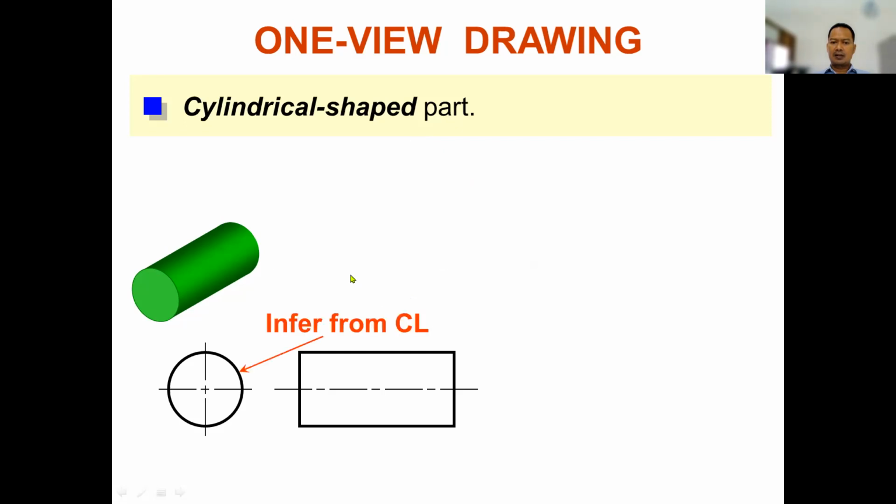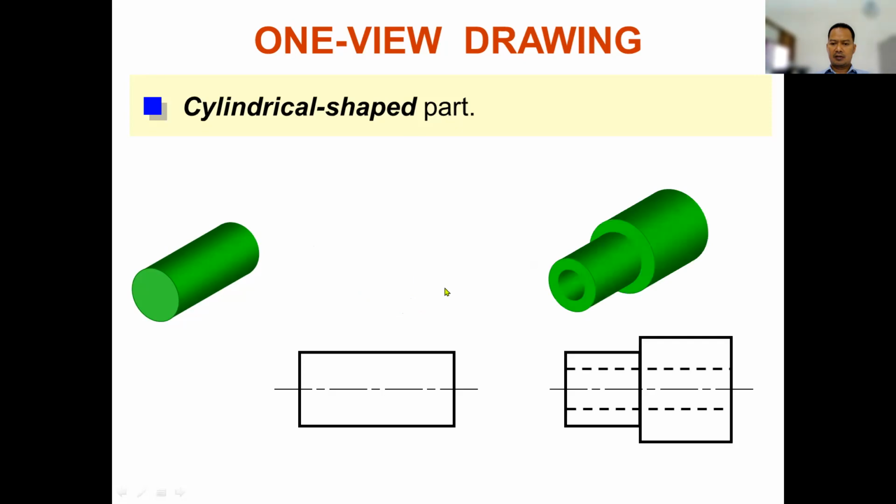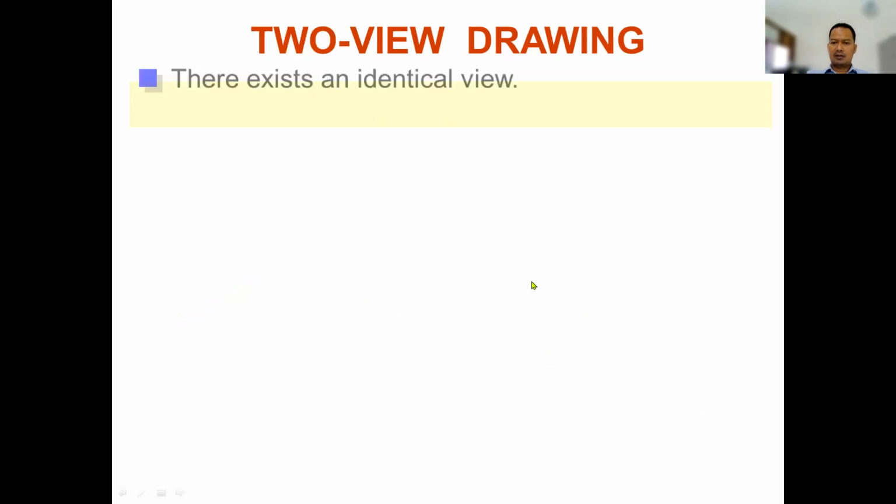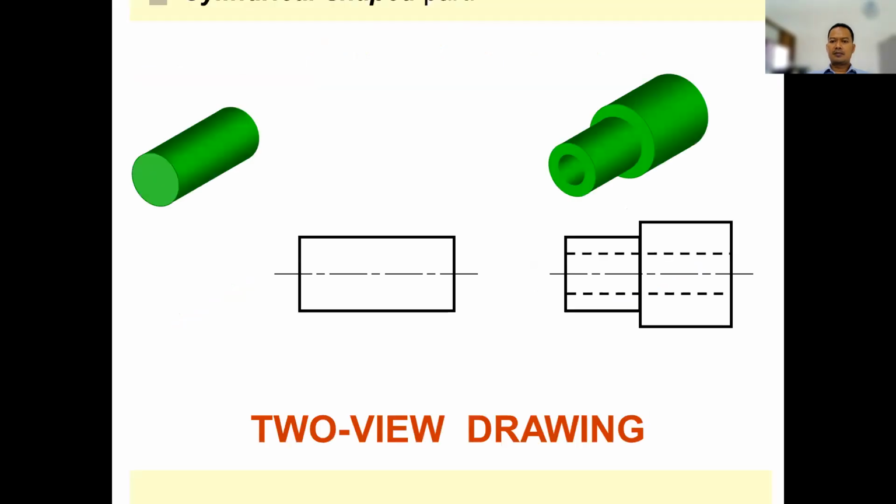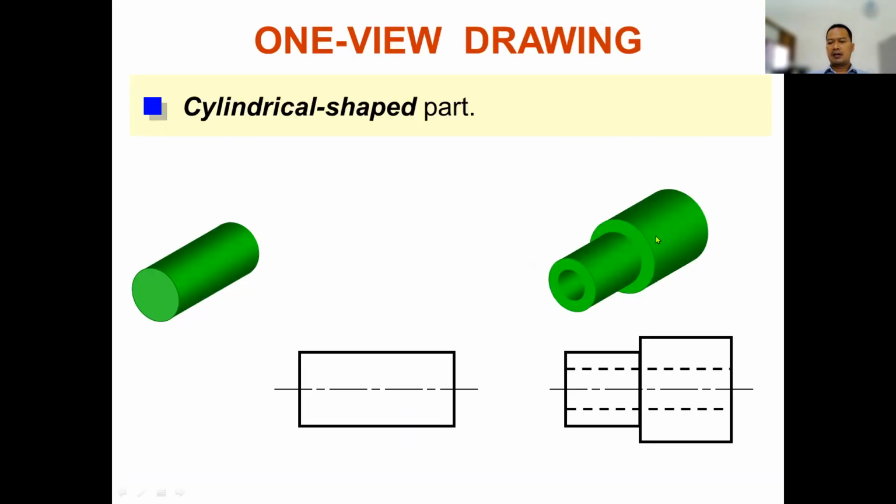And also this one, only the information of diameter, is also unnecessary. So you only need one view drawing. As well for this one, only one view drawing is needed.